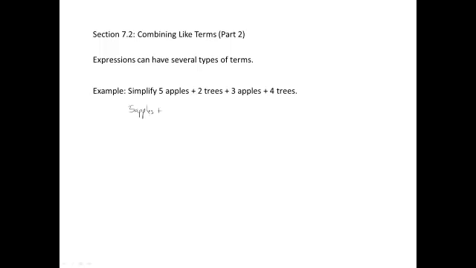Your intuition would be to move the apples together and then to move the trees together to make it easier to count. 5 apples plus 3 apples is 8 apples. 2 trees plus 4 trees is 6 trees.